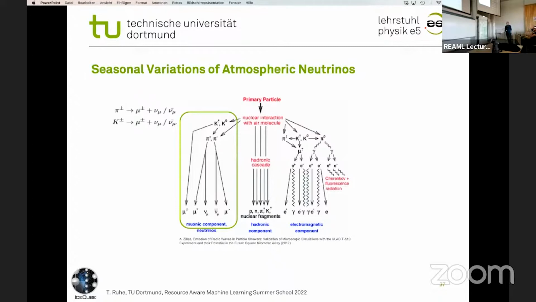Okay. So another thing that I would like to show you are seasonal variations of atmospheric neutrinos. And as I said, atmospheric neutrinos, if we're concentrating on the conventional component, originate from the decay of pions and kaons. And these pions and kaons, as I said, lose energy, but they do lose energy differently depending on the season.